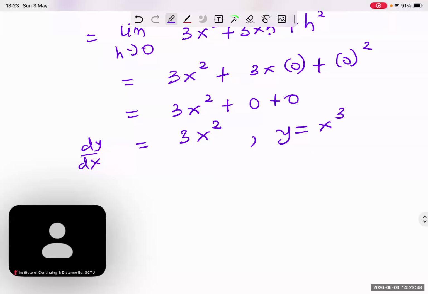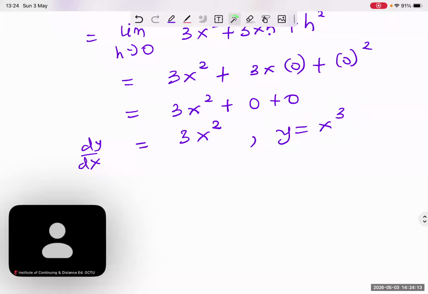The question states that after using the first principle of derivative, verify your answer using the power rule. To verify using the power rule means that we need to check if the function is in the power form first. If the function is not in the power form, we cannot use the power rule, hence the name power rule.